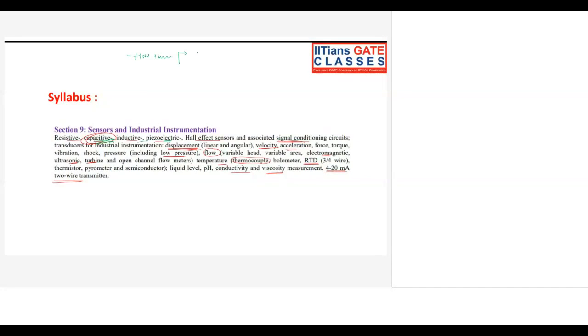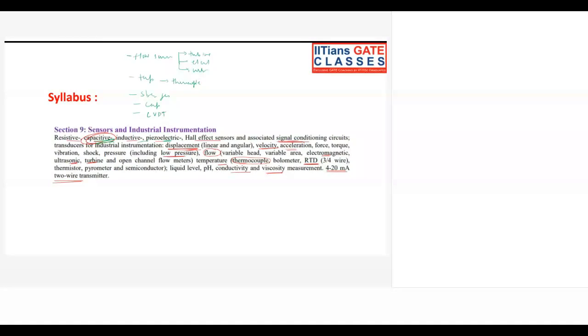Here you are expected to cover at least turbine flow meter, electromagnetic flow meter, and ultrasonic flow meter. So these three sensors are important. From the temperature point of view, you have to cover the thermocouple. Thermocouple is very important. Then you can cover strain gauge, capacitive sensors, and LVDT, right?